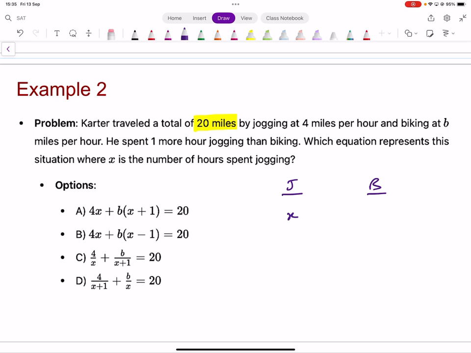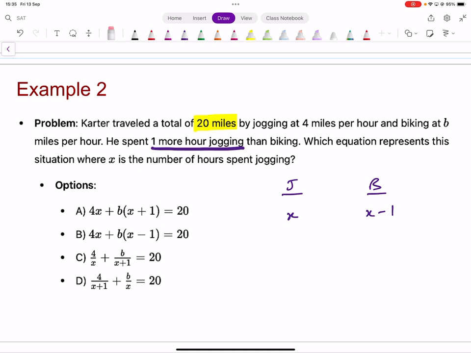X plus 1? He spent 1 more hour jogging than biking. So if jogging is x, biking should be x minus 1. Yeah, so x represents the number of hours spent jogging. So the number of hours spent biking has to be 1 less than that.